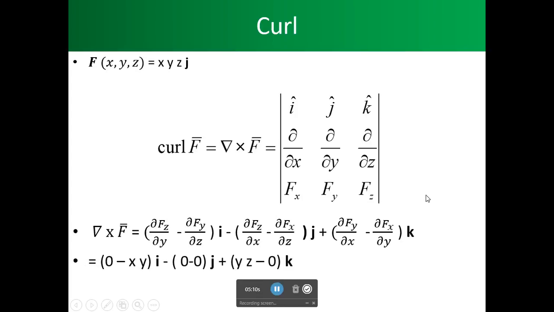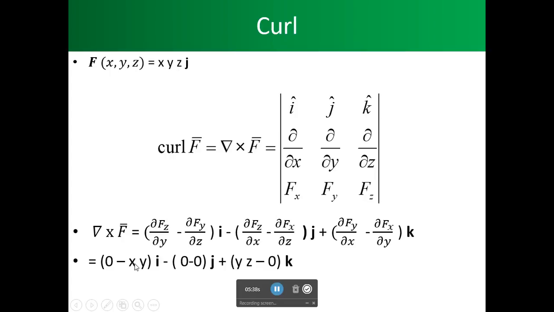So if we look here, we will see that we only have f of y. That's the only component that we have. So we can take f of y with respect to what? Z. Okay, f of y with respect to z, and that'll give us xy.